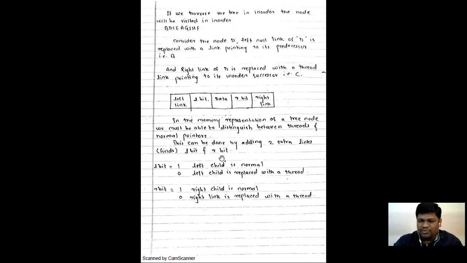One is the left bit and another is the right bit. A bit always has the value 1 or 0, right? If the left child is a normal pointer, we use 1.